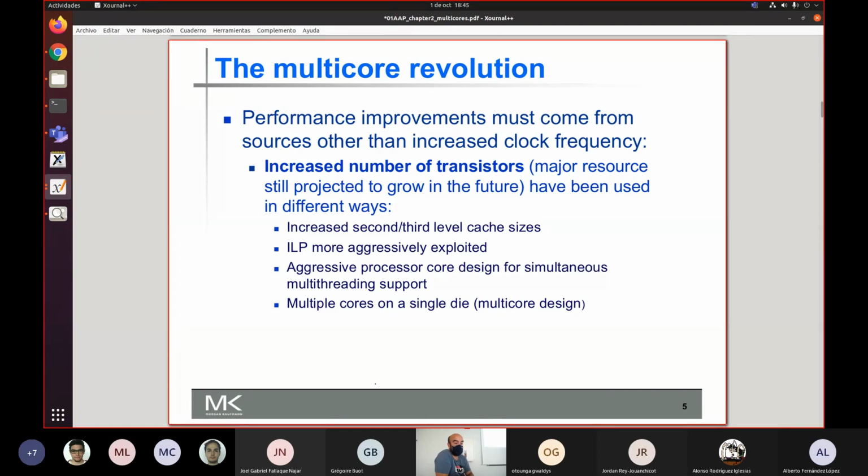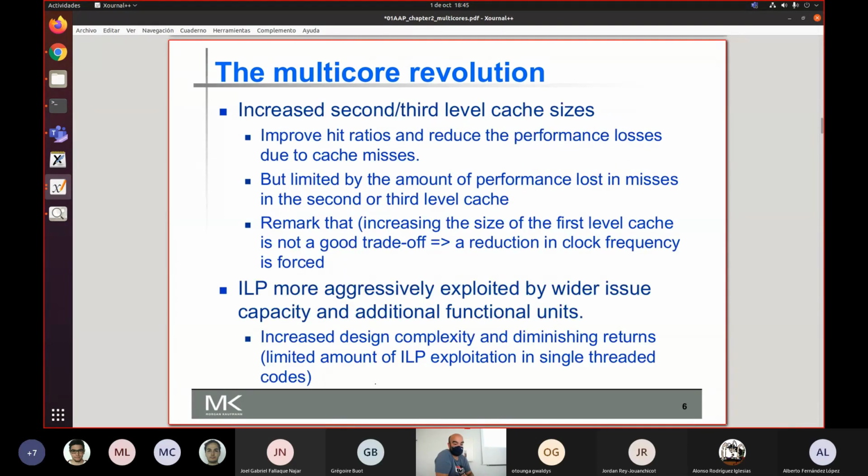Also, another thing for which they use the extra transistors available in a chip is to put more cache memory. As you already know, the memory hierarchy is a key component of the computer. The well-functioning of this component is very relevant, and one factor for this is that the cache memory is big enough.